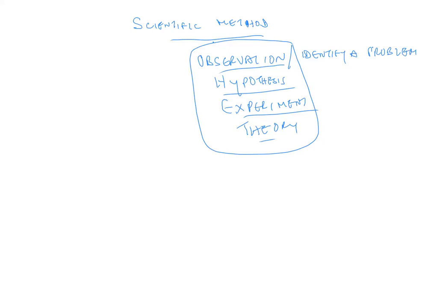Then hypothesis, make an educated guess. Then you carry out an experiment, because it's science, we call it an experiment. And then after that, you come to a conclusion and you can draw a theory out of it. So all of these things are included in the scientific method. Remember these steps.